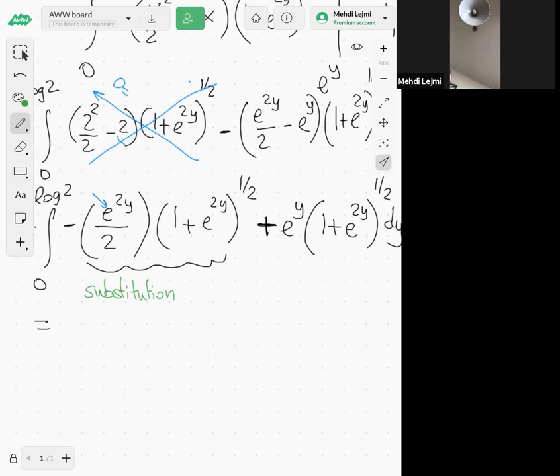So you can just use substitution u equal to e to the 2y. Of course, du would be, there's this constant 2, e to the 2y dy, right? And I got this now, I have my e to the 2y now, all right?